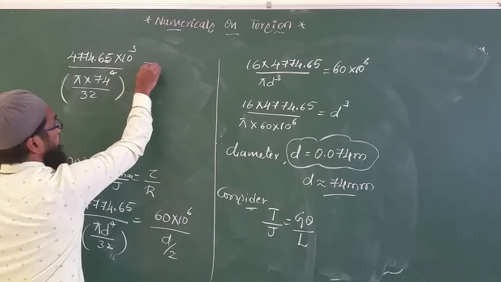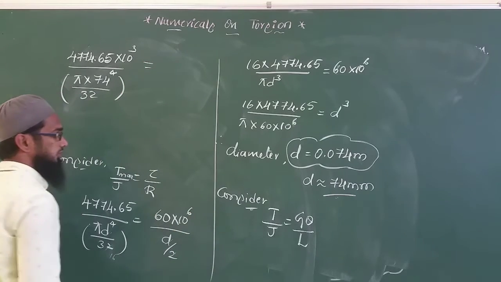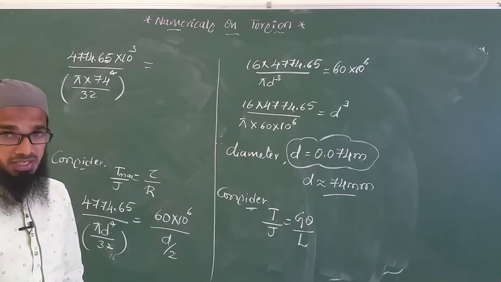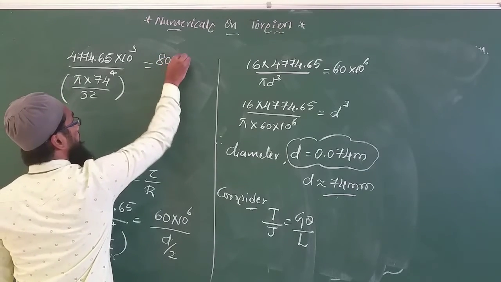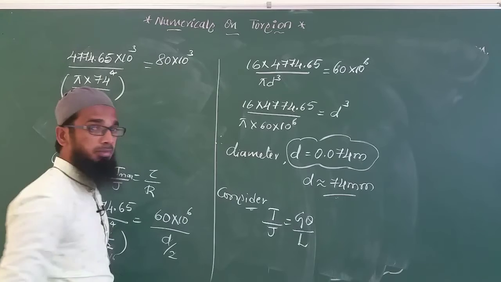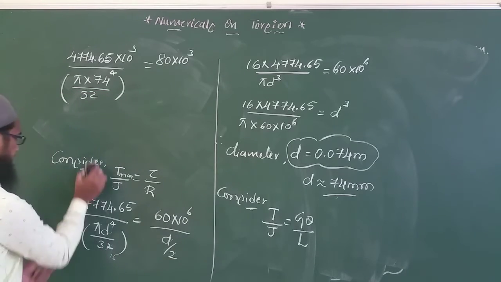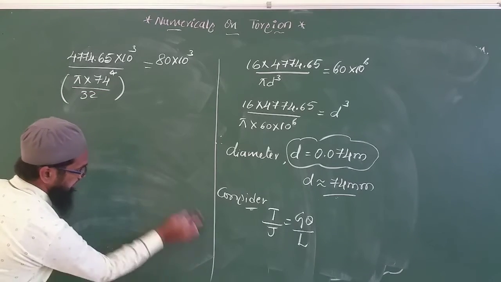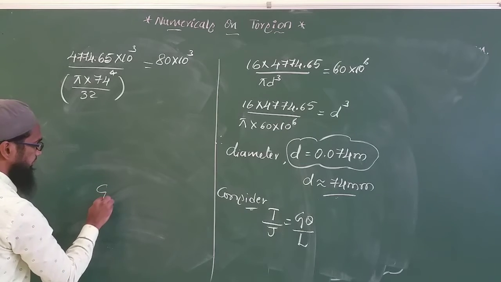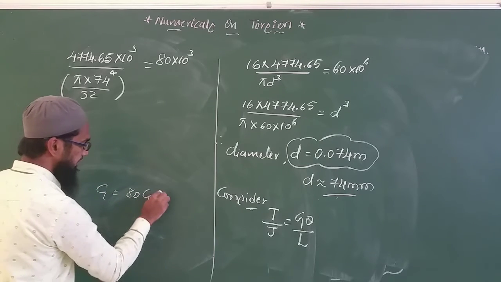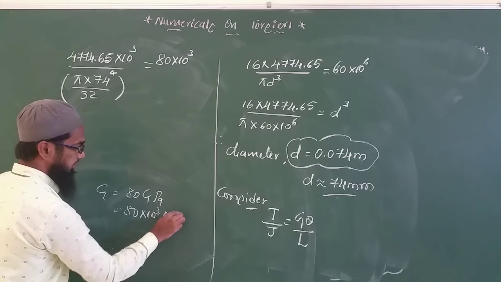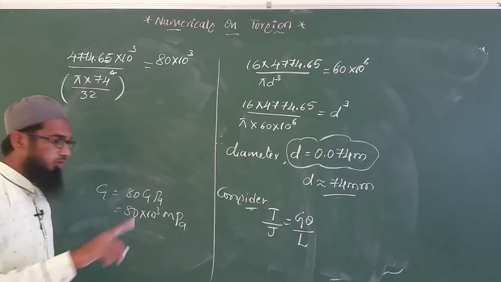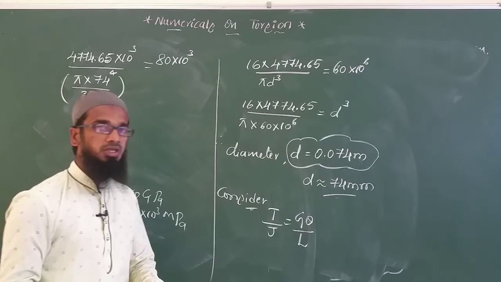That is equal to G, which is given as 80 gigapascal. So 80 into 10 power 3 megapascal, because 1 megapascal is nothing but 1 Newton per mm square.